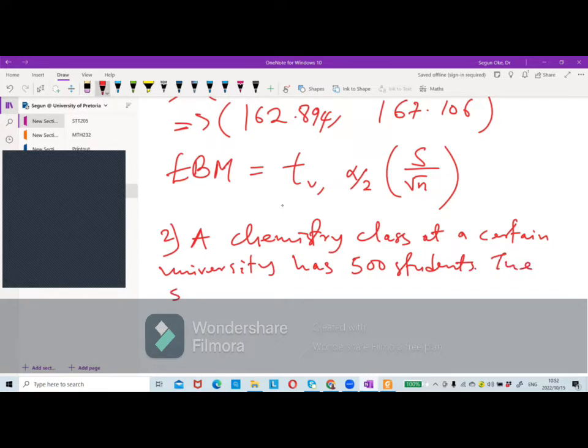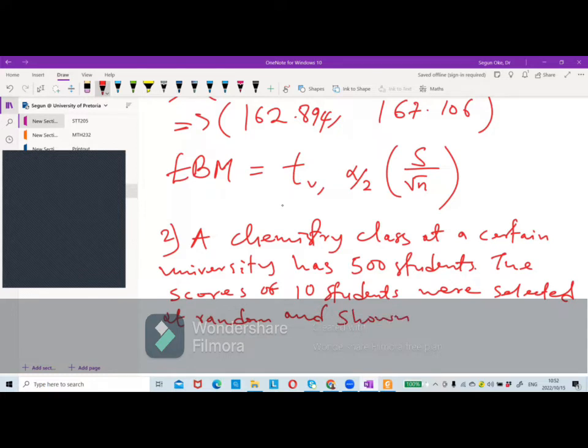The score of 10 students was selected at random and shown in the table below.